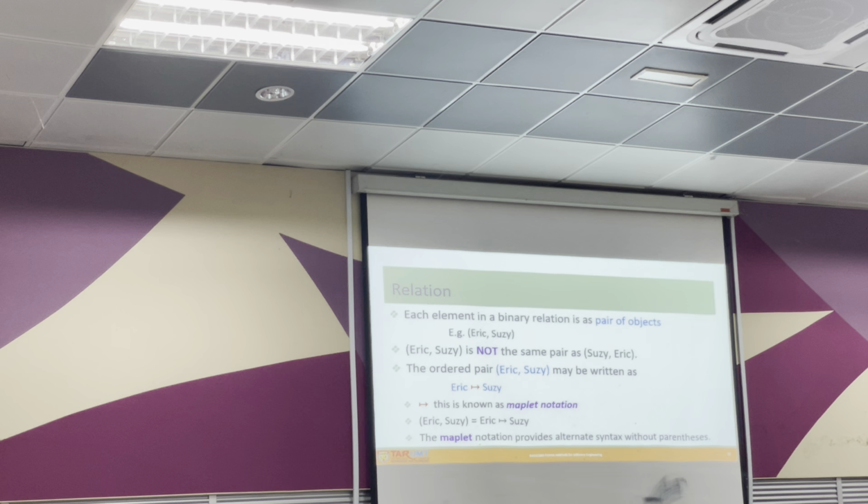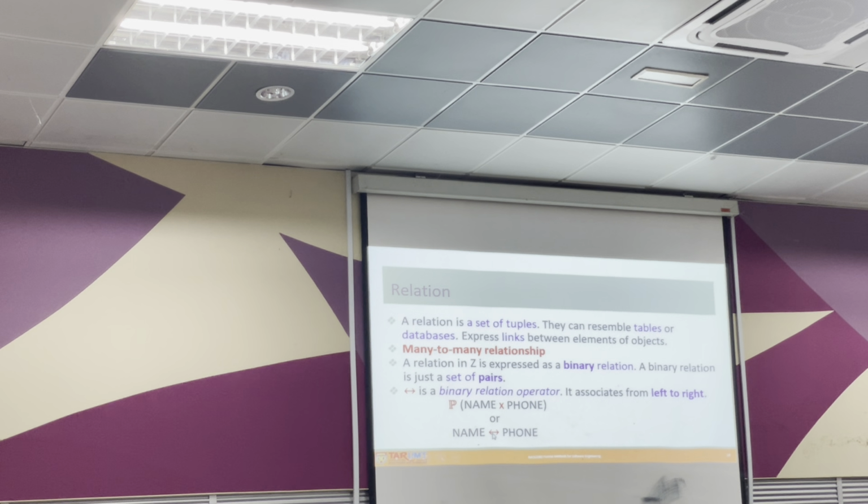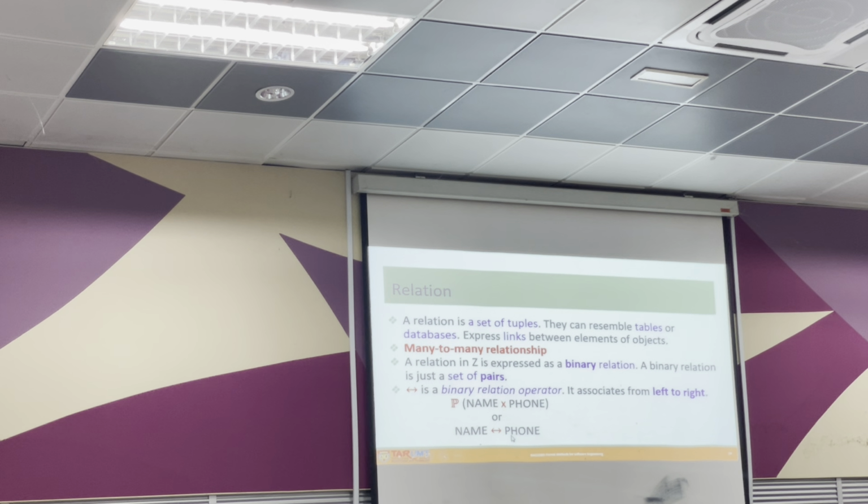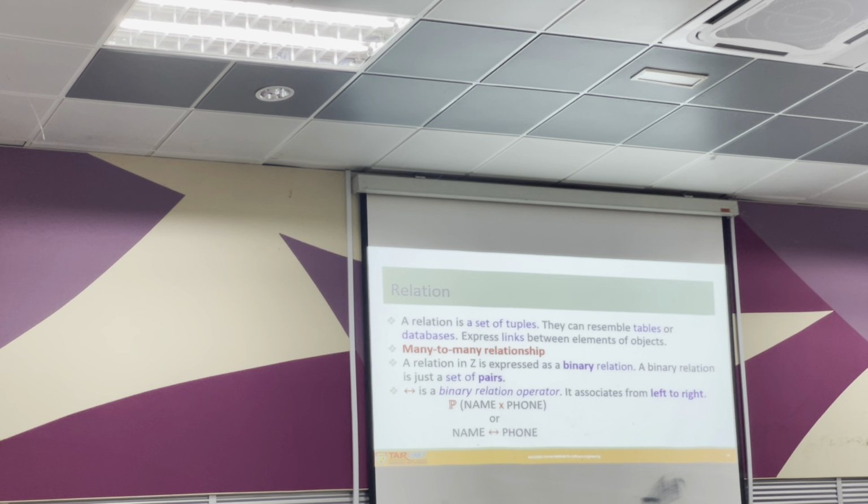When I say data representation, you cannot use maplet notation inside a variable declaration. This one just now is your type for variable declaration. When you declare your variable, you put, let's say, phone, colon, then name relation to phone. So for variable declaration, you can use the relation symbol.